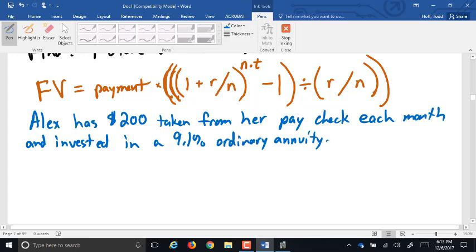By the way, if it doesn't say ordinary or annuity due, always assume ordinary. Okay.